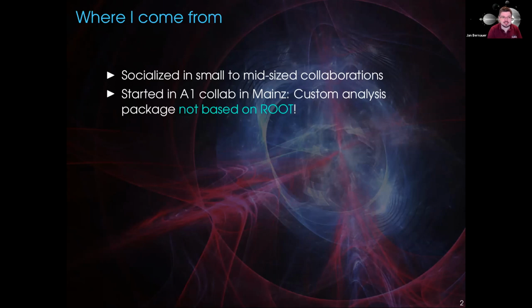So they have their own custom analysis package, and it's C and C++ based, and it actually predates most of root. And they use this and develop this. And actually for the next generation of experiments, they are building a new one, again, not so much on root, just what they are used to.